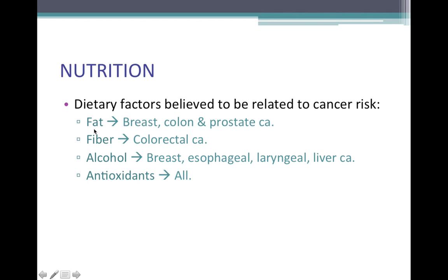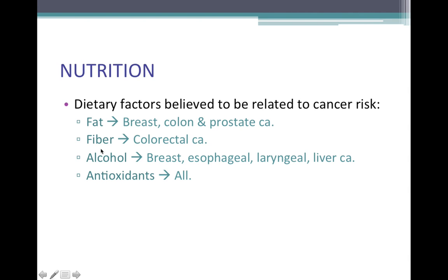Diets that are low in fiber put you at risk for colorectal cancer. So if you're not eating a lot of fiber in your daily diet, that can increase your risk for colorectal cancer due to the accumulation of fecal sludge in your digestive tract, which causes irritation of cells, causes metaplasia, dysplasia, and possibly even cancer.